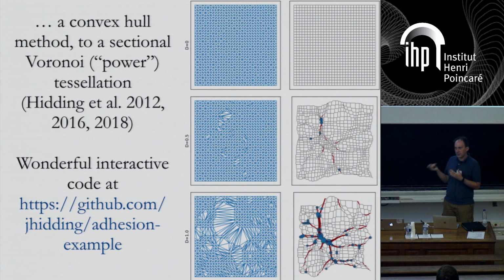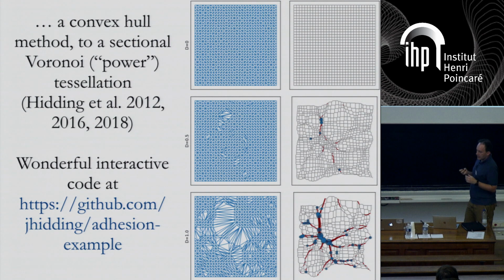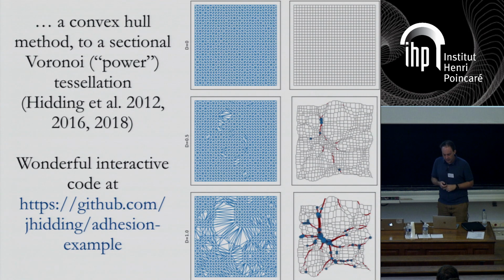Usually in the Zel'dovich approximation, we use a fast Fourier transform to produce a displacement field from a density field, and we just move particles or mesh cells according to that displacement. Here, instead of doing that fast Fourier transform, we use a sectional Voronoi tessellation, which is a bit more computationally intensive, but conceptually it's not really any more complicated. In fact, I argue it could be a little simpler.